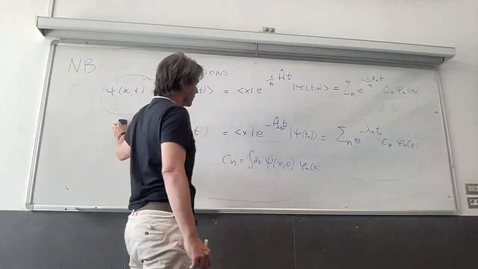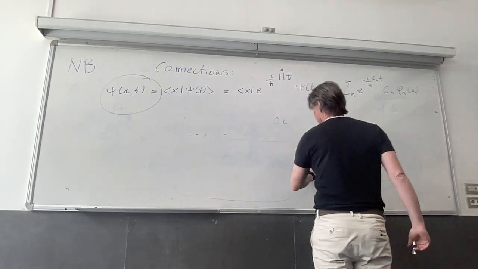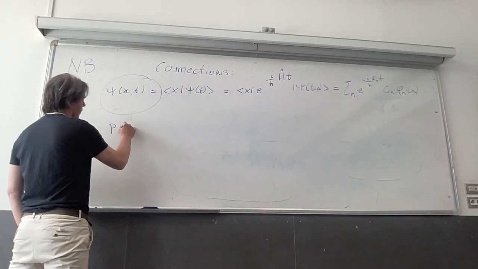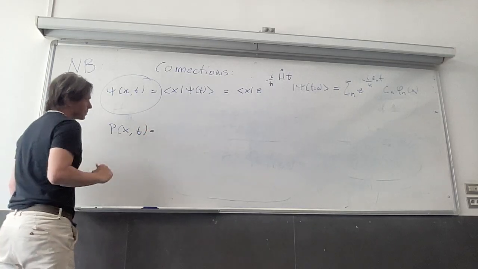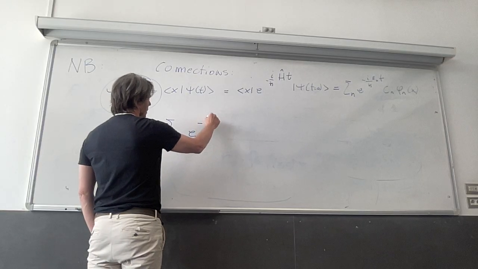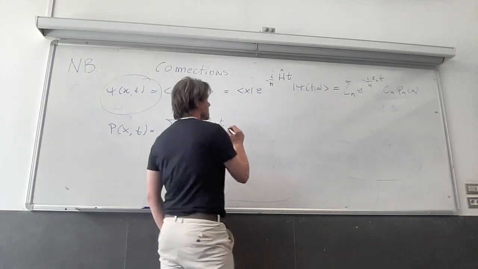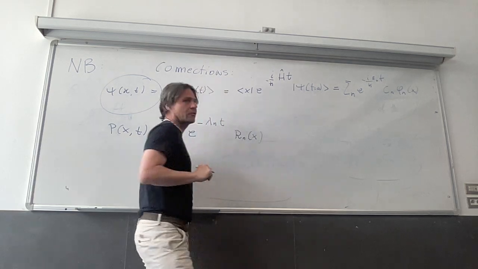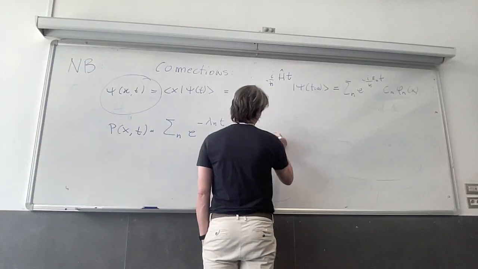So now I can basically skip all this and say the solution of the Fokker-Planck equation is a sum of some frequency scales times the right eigenstates of the Fokker-Planck equation, times some coefficient Cn.